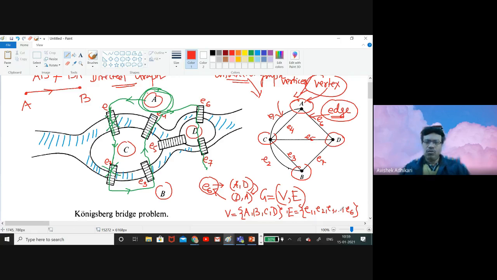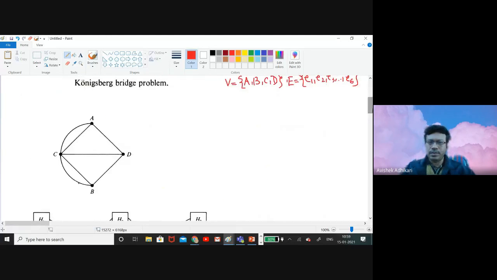So what is an edge? You can think of an edge as a kind of function which associates with two vertices. Note that the two vertices may not be distinct. For example, suppose I have a graph with 3 vertices A, B and C, with edges E1, E2 and E3.